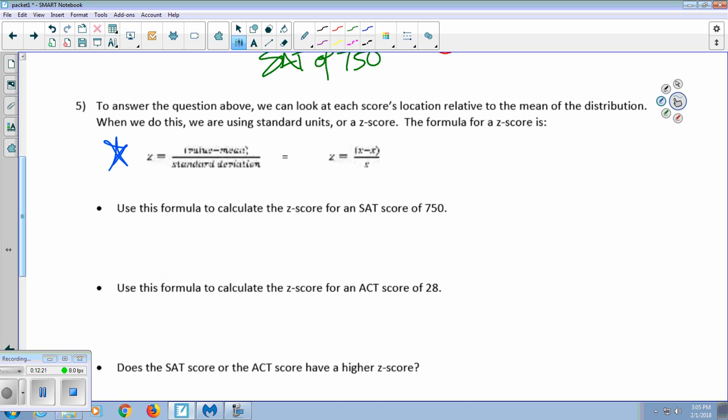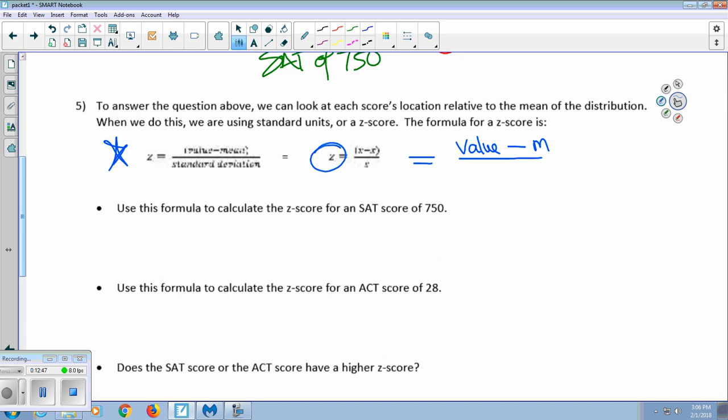So what we have here, I'm going to just rewrite it where I can see it a little better. It got blurred on my overhead. But your Z is your standardized unit, okay, your Z-score. We write Z for that. And that's going to be equal to the value that we're interested in. That's the value that we want to standardize.